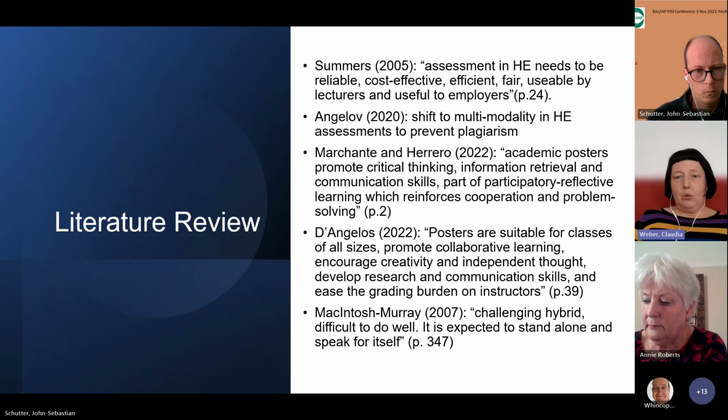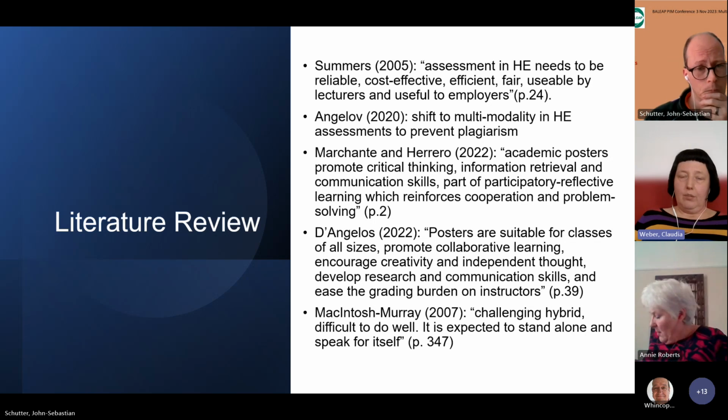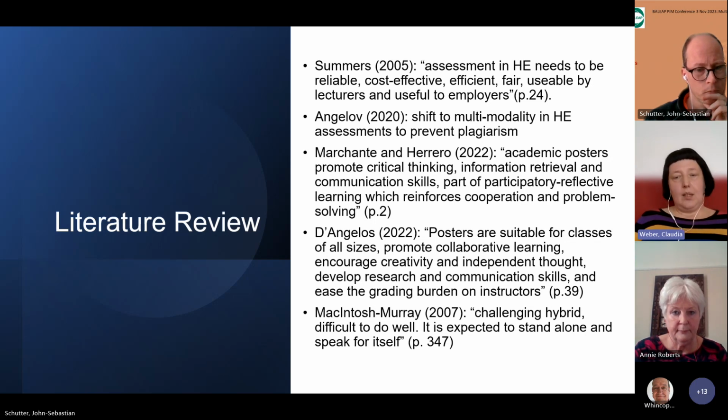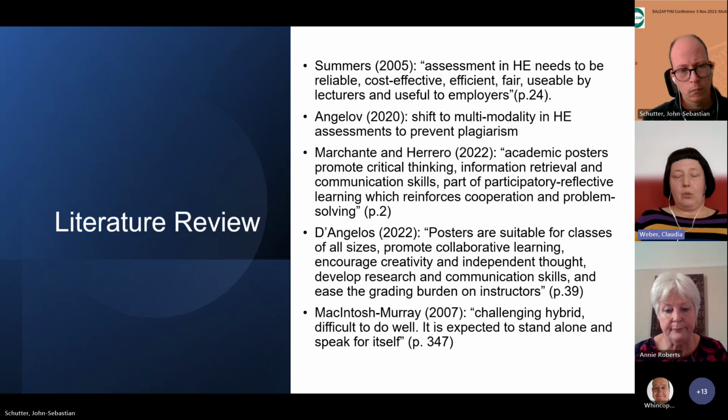Now moving on to poster assessments in particular, here I would like to mention Angelov, who looked at, and this goes nicely with the theme of this conference, the multimodality within higher education assessments and posters in particular. And they were arguing that posters are a great way to tackle issues with academic integrity.